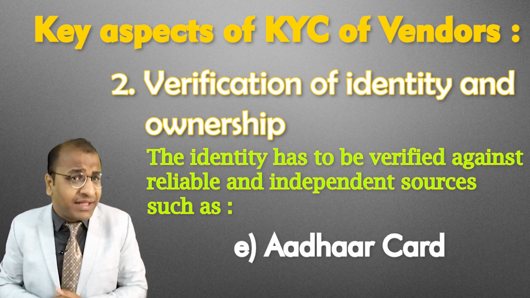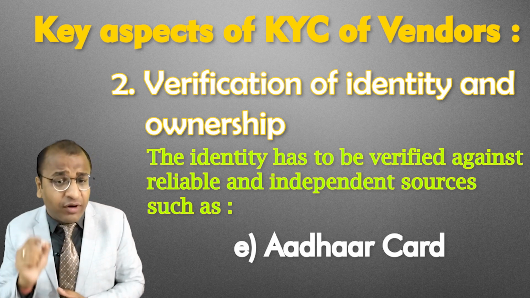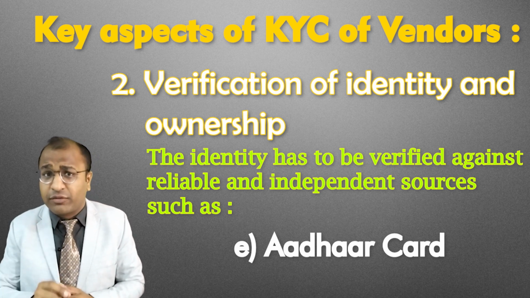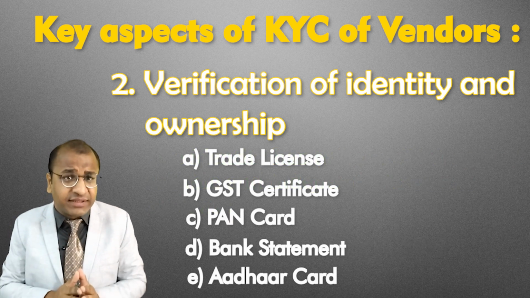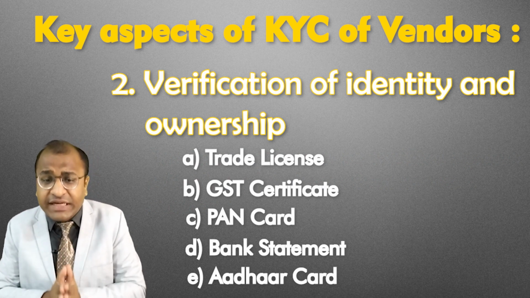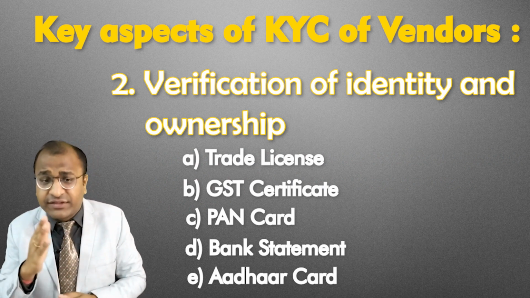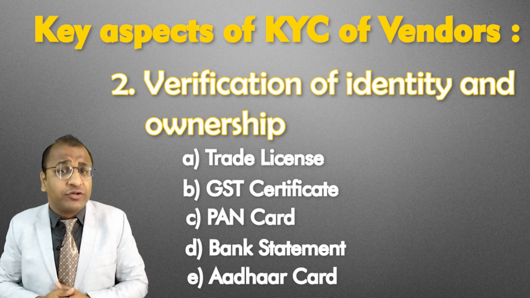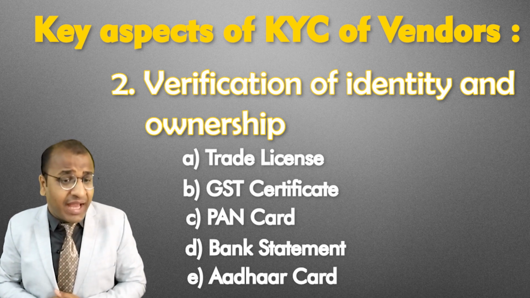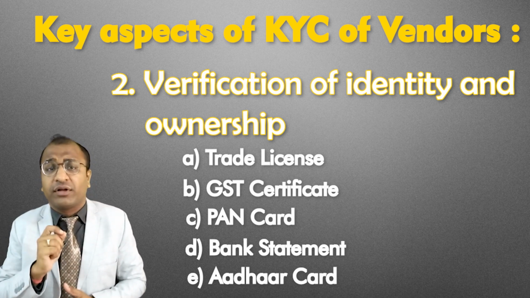Remember, the PAN shall be in the legal name of a business except in case of proprietorship business. Basically, the KYC documents related to the business as well as the vendor's personal documents should be called for verification, and copy should be kept for records.